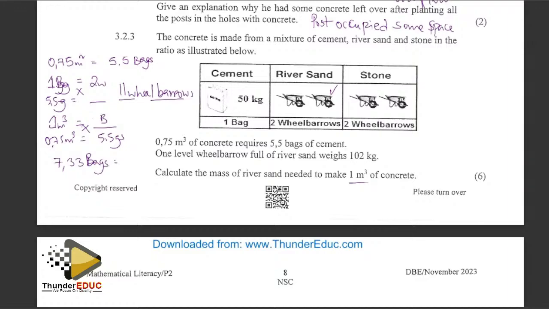Actually, these bags, we can't have 7.33. Probably it's 8 bags.